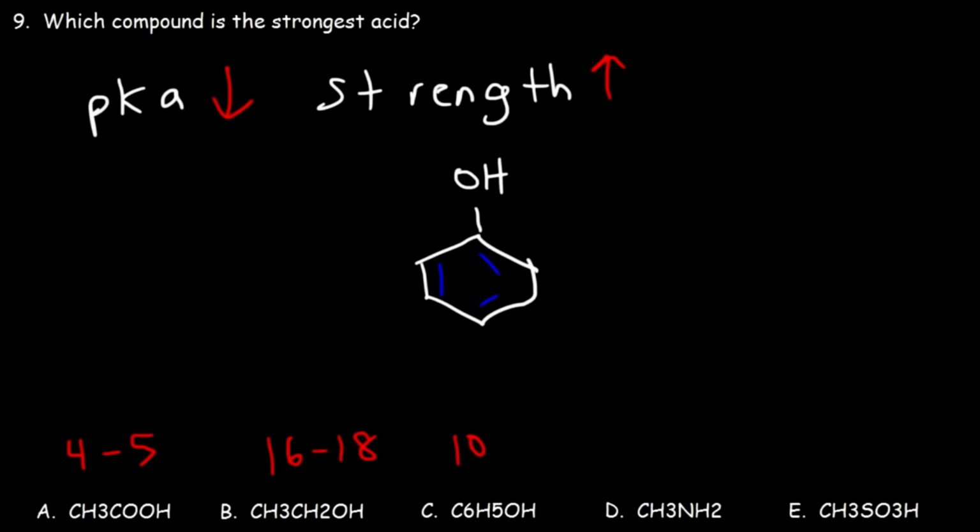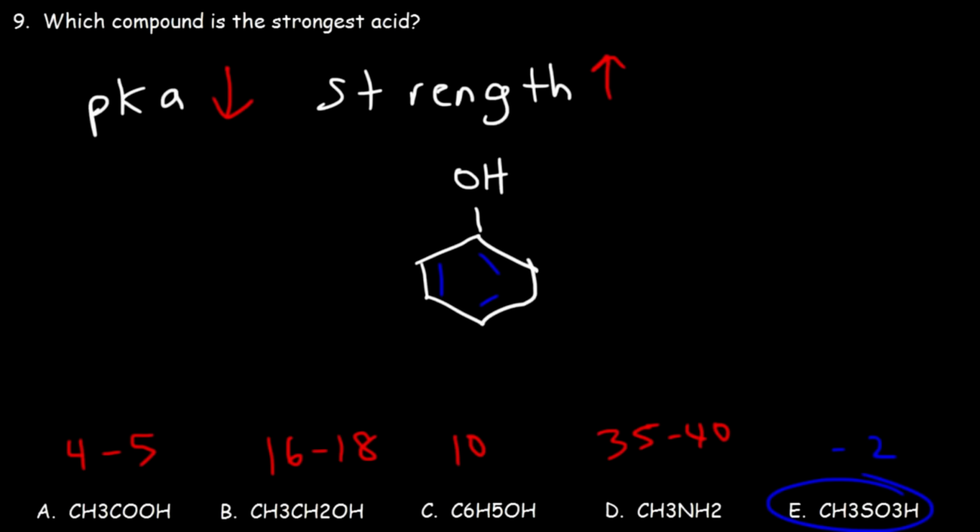Next we have methylamine. Most amines have a pKa roughly of about 35 to 40. And E is a sulfonic acid. Whenever you see an SO3H group, these acids are very strong. This particular acid has a pKa of about -2. So the right answer is answer choice E.